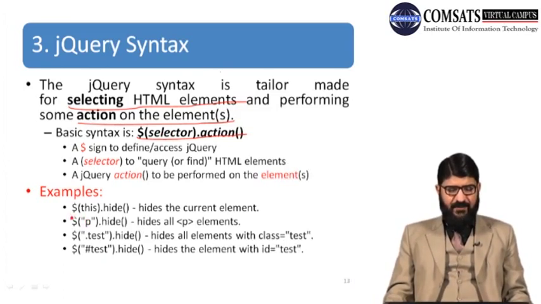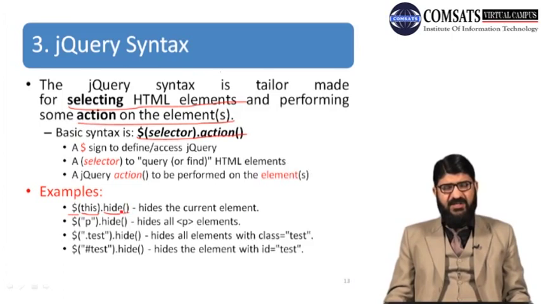Here you can see the $ sign is mentioned at the start, which defines the jQuery. Then this is used as an HTML element, and then hide means the hide action is used for hiding this particular element. So it will hide the current element.